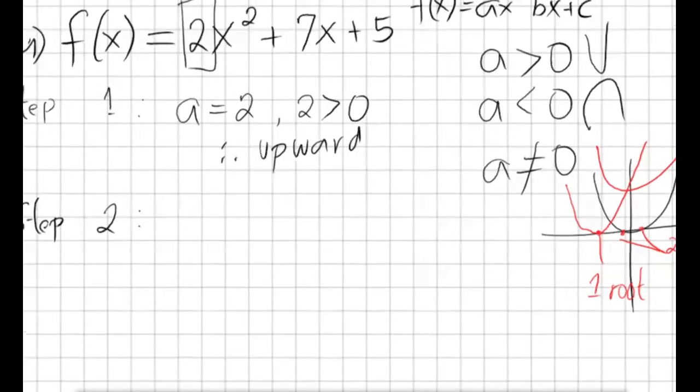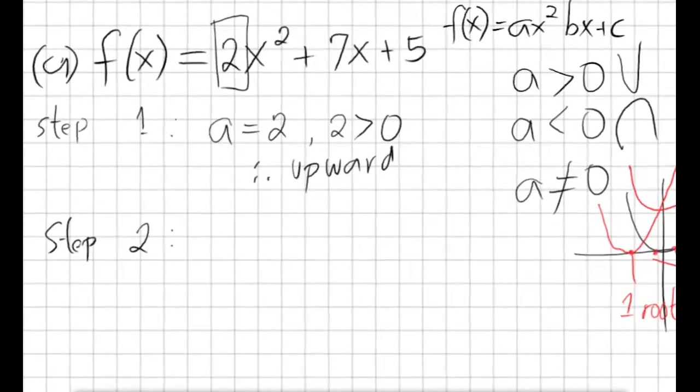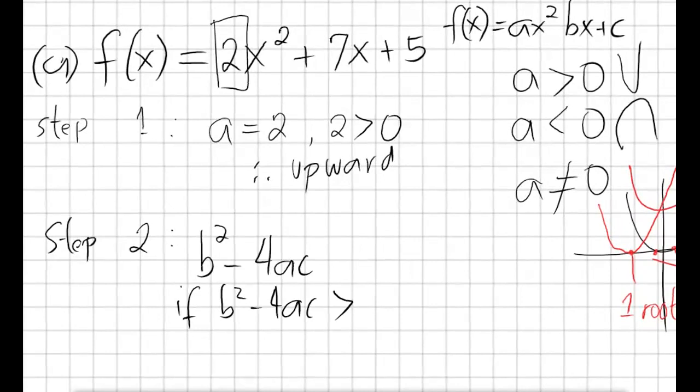Now, the formula to determine the number of roots is b squared minus 4ac. If b squared minus 4ac is more than 0, then it has 2 real roots.